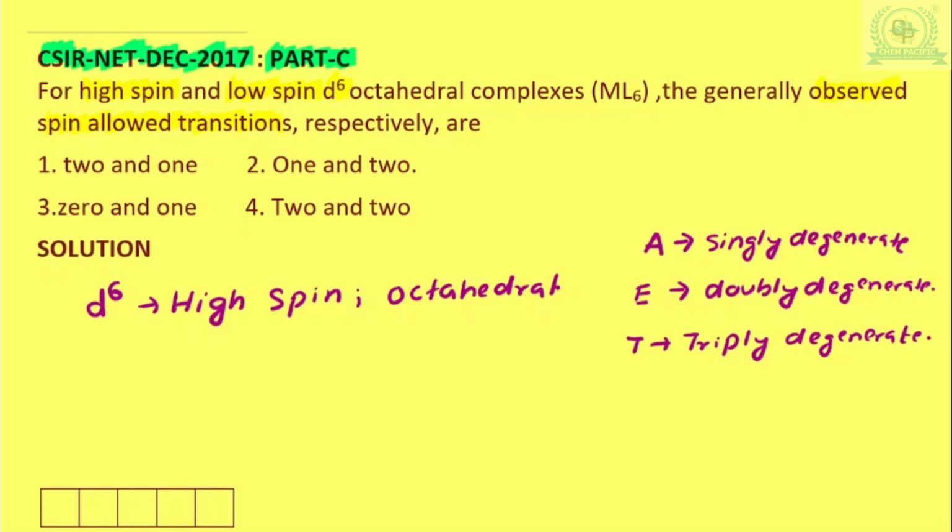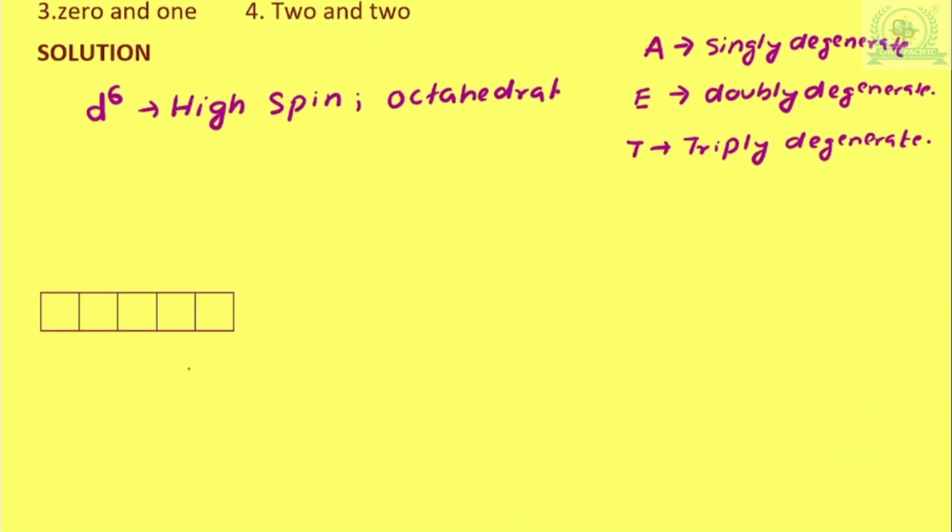Clear? Now students, when I'm talking about the d6 high spin octahedral, let's first calculate its term symbols. So this is 0, this is -1, -2, this is +1 and +2. When it is high spin, 1, 2, 3, 4, 5, 6.